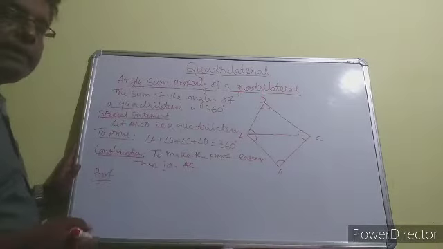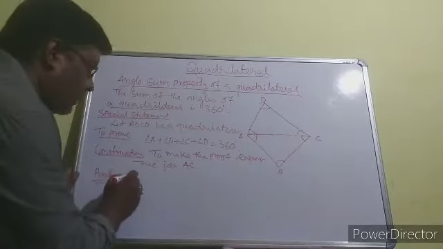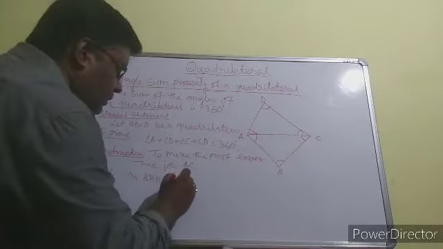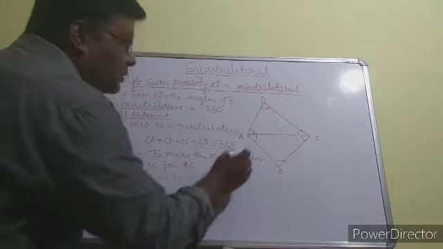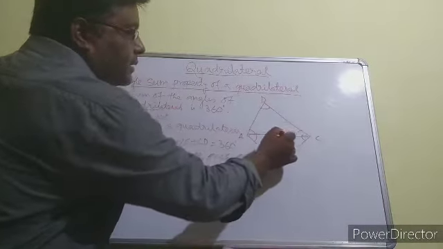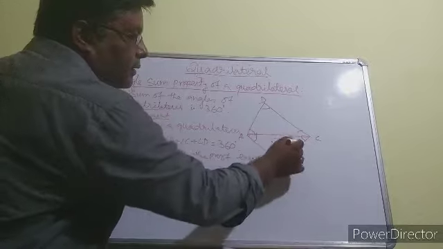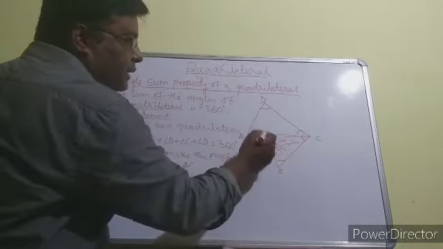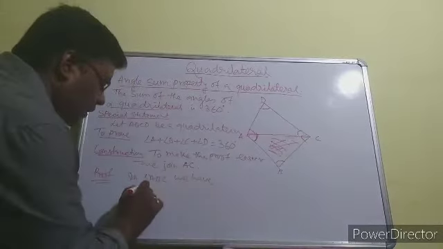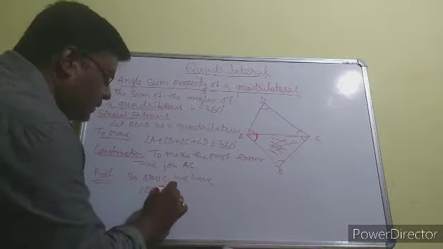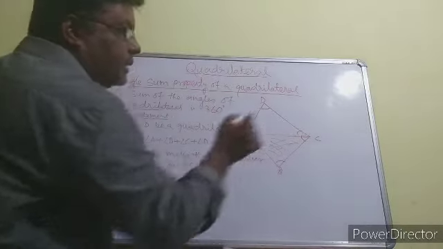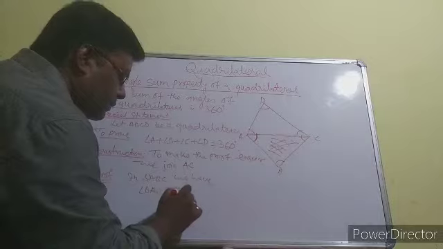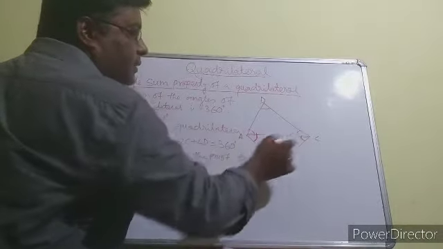So write this. In triangle ABC we have, so in this triangle, the first angle is angle BAC plus angle ABC, or you may write directly angle B, plus angle BCA, is equal to 180 degrees.